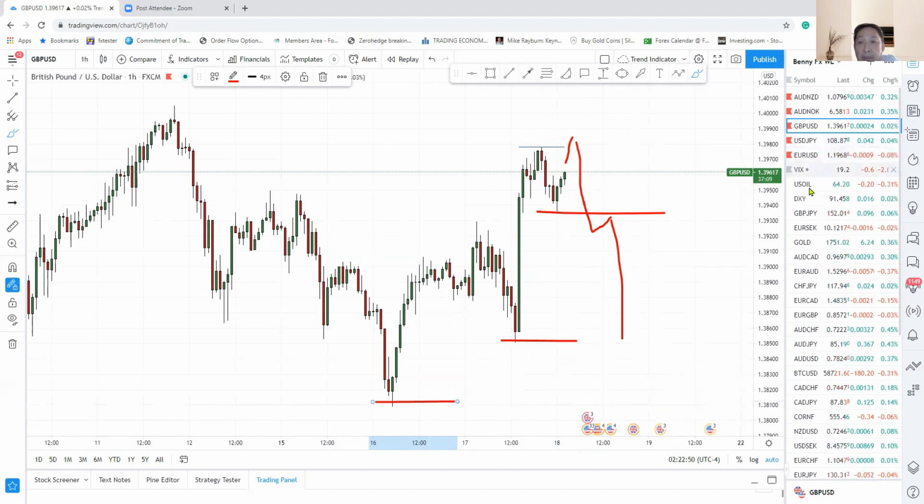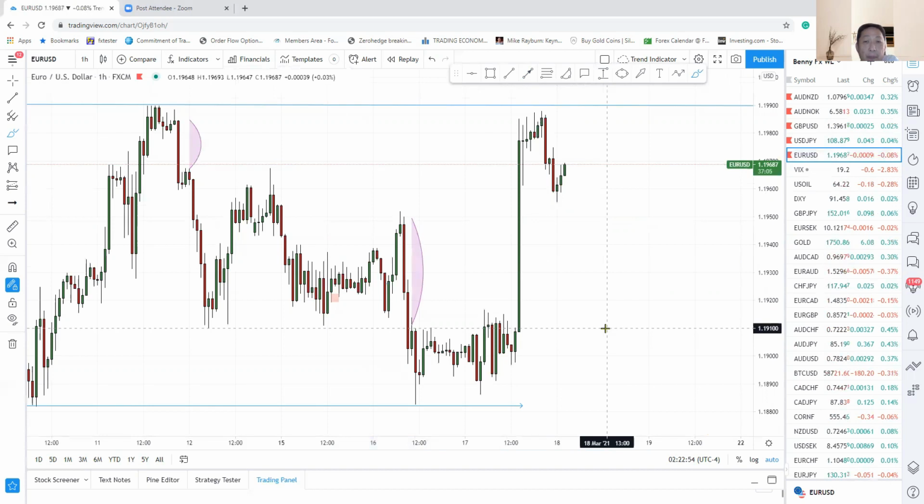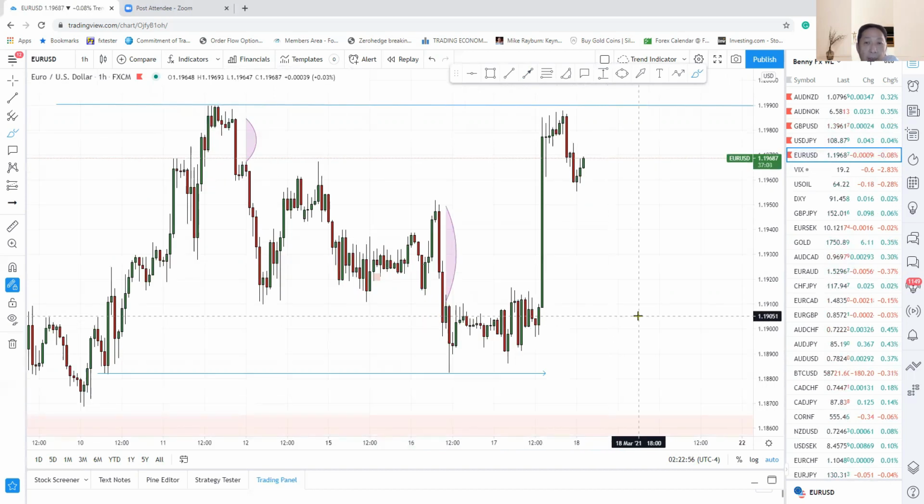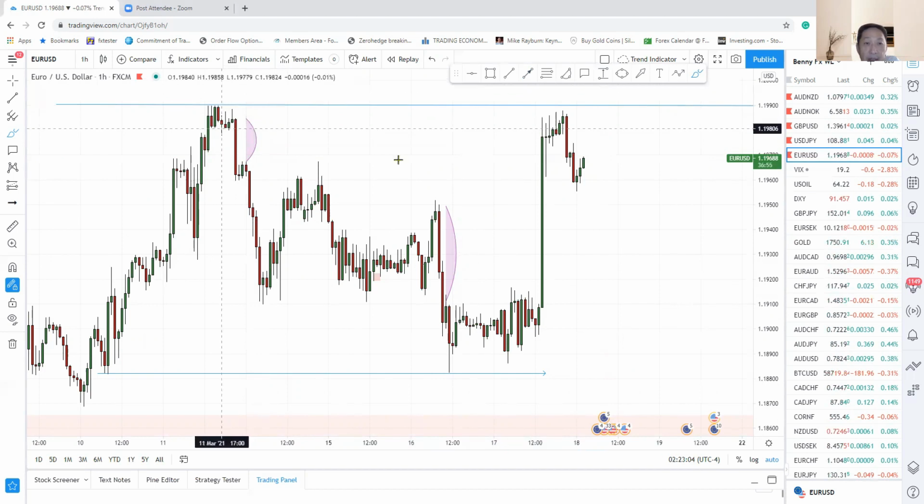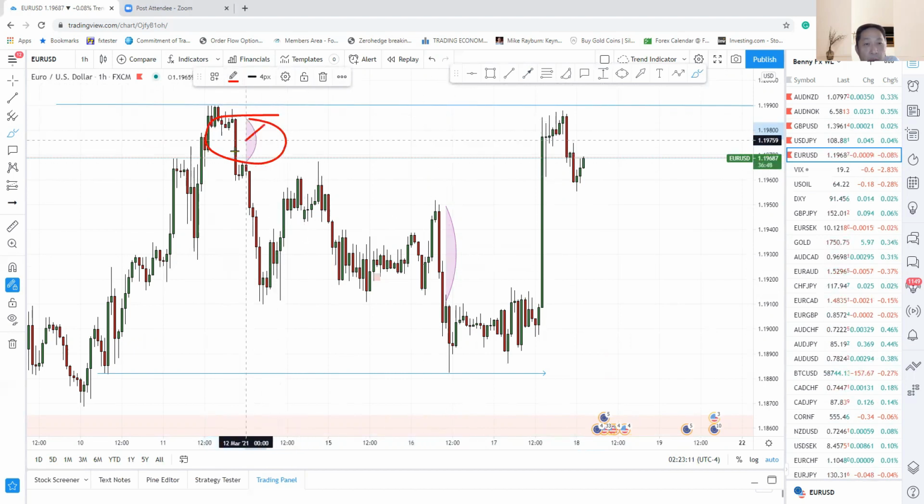As for euro dollar, again, I'm expecting the price to roll over. We can see the price already came up here to fill up this gap. There's an ERC there, and the gap is already filled, done, no more.